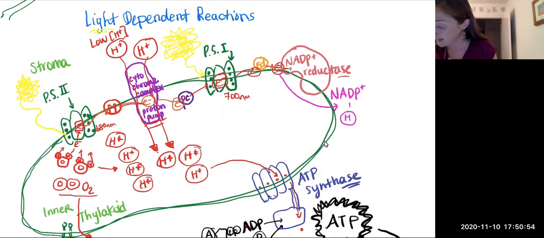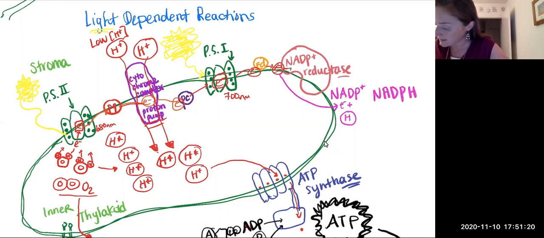So together, the enzyme NADP plus reductase, its job is to reduce, meaning reduce in charge, meaning gain electrons, and NADP plus with an electron and a hydrogen. And so we're going to end up with NADPH.